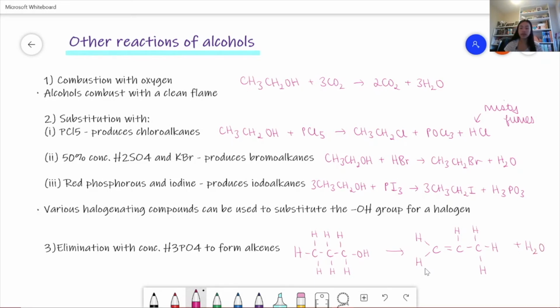So the conditions we would have to have for this reaction would be warm conditions and also under reflux.